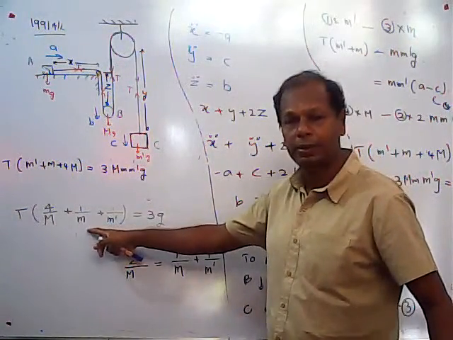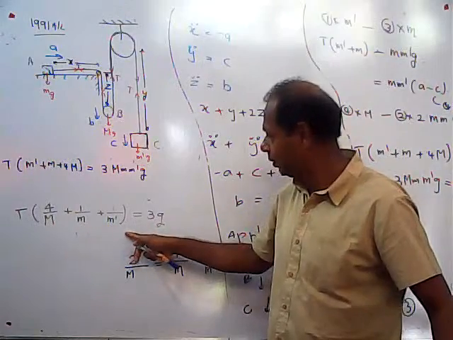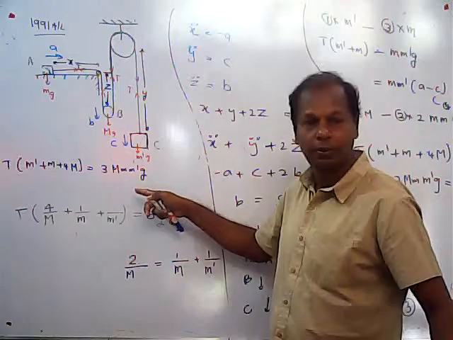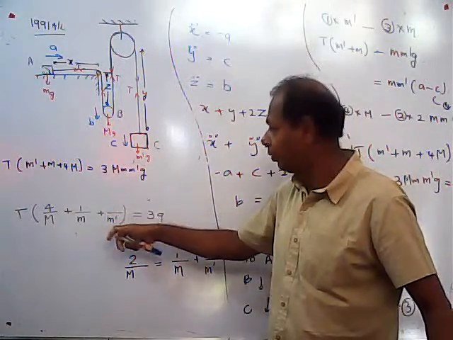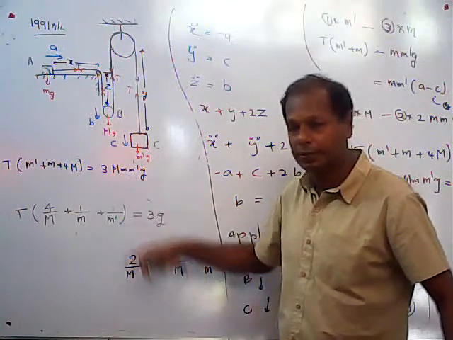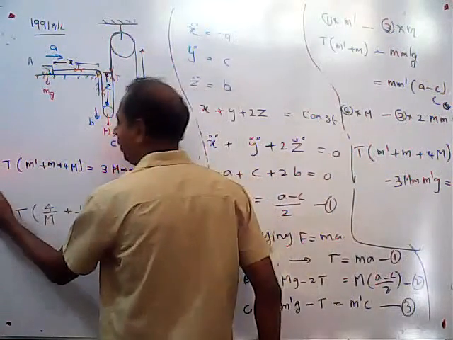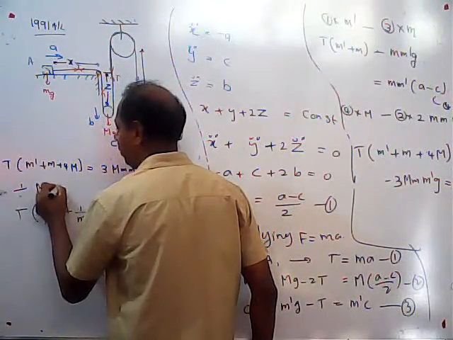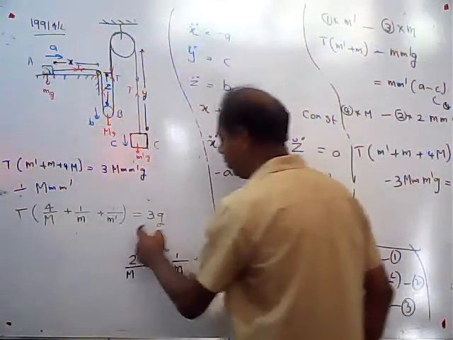And now we need to get this expression. To get that it's simple. What do you do? You can divide everything by m dash. See, you get this.